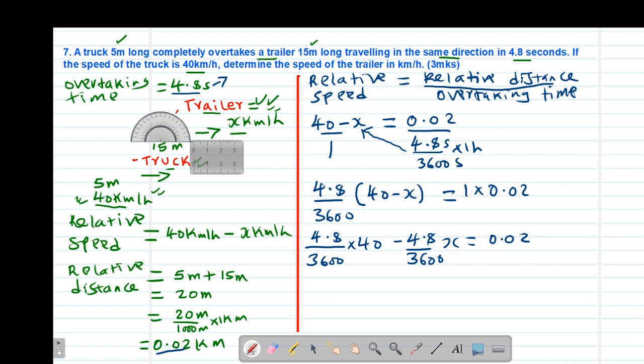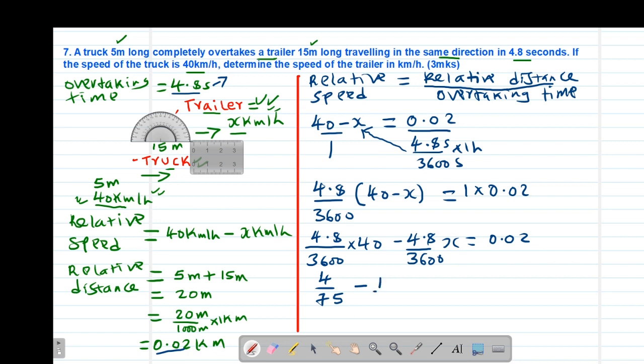So if I take 4.8 over 3,600 and multiply it by 40, I'm going to get 4 over 75. So this will give me 4 over 75, then minus 4.8 divided by 3,600, which gives 1 over 750.